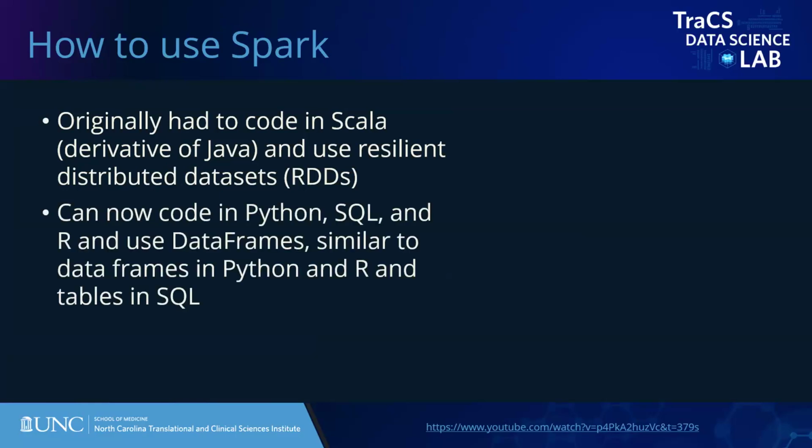So Spark pretty quickly worked to build some APIs that allowed users to interact with Spark using more familiar languages and more familiar data structures. Users can now use Python, SQL, and R to write their code for Spark. And you can use a data structure called data frames, which are similar to the data frames in Python and R, and somewhat similar to SQL tables.